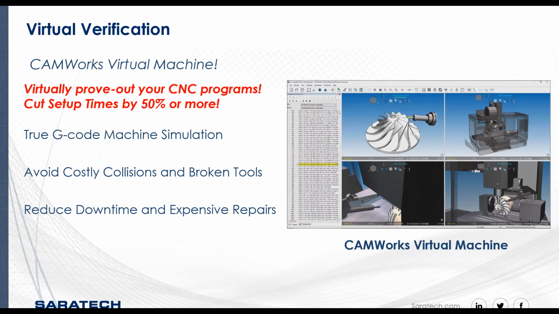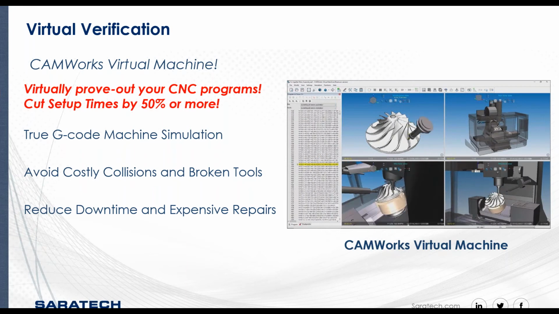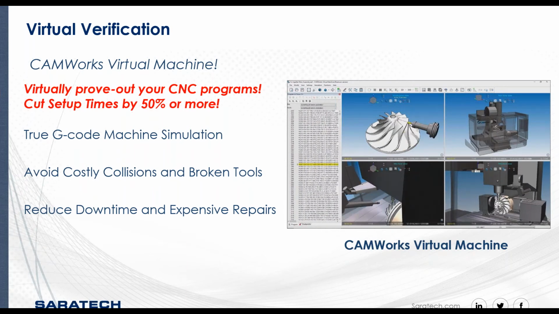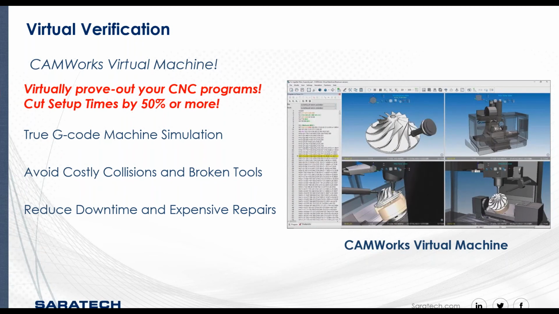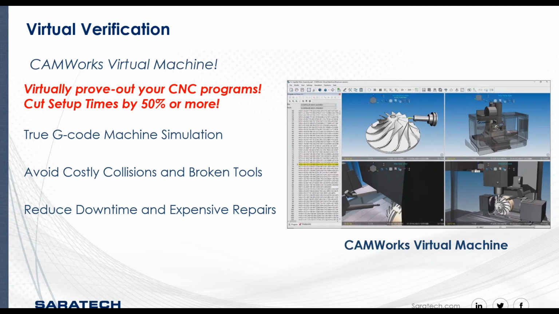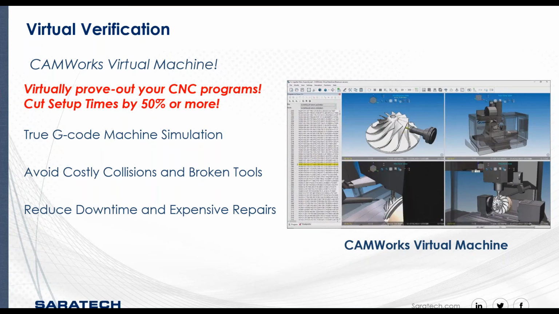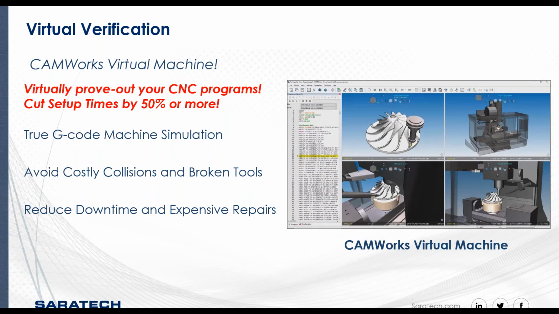Machine crashes are extremely costly. Not only do you have to deal with the hardware itself, but also the downtime, which can even be more expensive in most cases. So let's take a look really quick to see how we can avoid these broken tools, avoid this downtime, avoid these expensive repairs using CamWorks Virtual Machine.